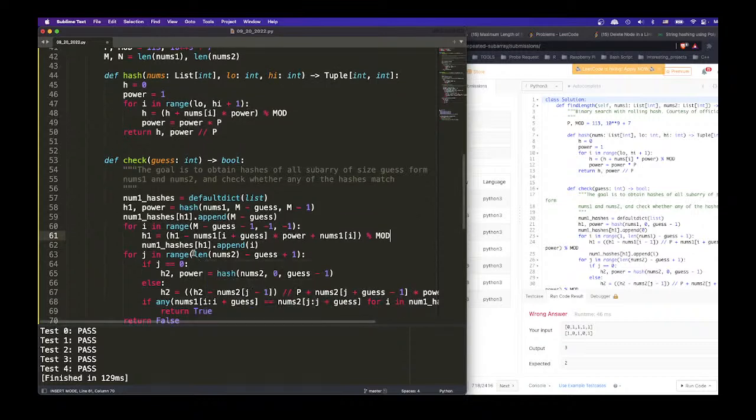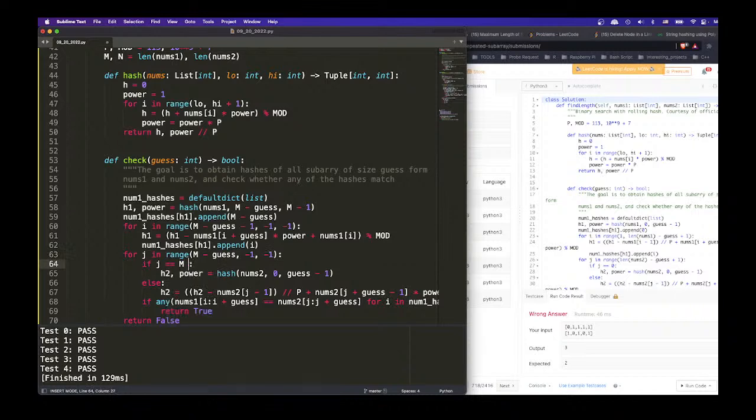So for J, it shall be the same thing, right? So J, we're gonna say m minus guess, right? That's where we start. Minus 1, minus 1.